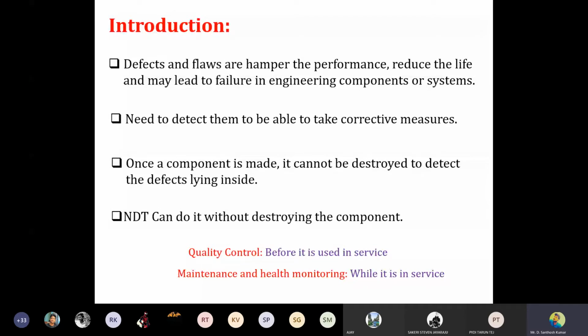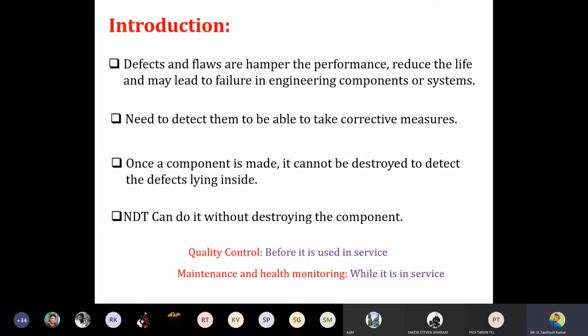One major example is bridges. After a certain period of time, bridges may collapse. So you have to cross-check what the life is and what kind of defects may have occurred, and at what location cracks may occur, because bridges directly experience adverse atmospheres, like acid rain, and corrosion may take place.